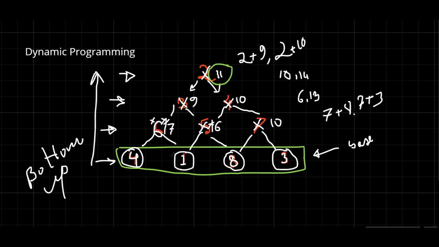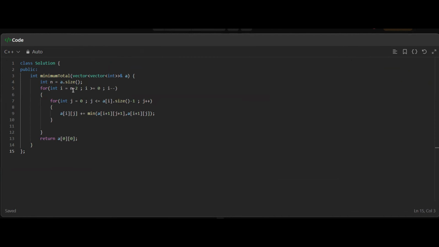Now let's move on to the code. In this problem, the code is pretty simple. At first, we are given a function named minimumTotal, and the input parameter is a vector of vectors. First, we calculate the size of the vector. Then we use two for loops from the second last row up to the first row.